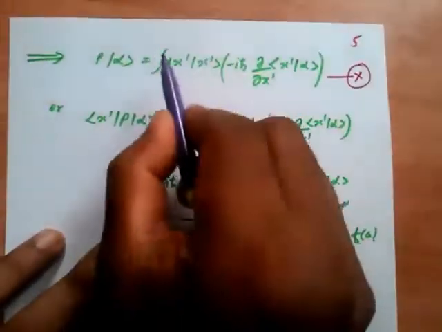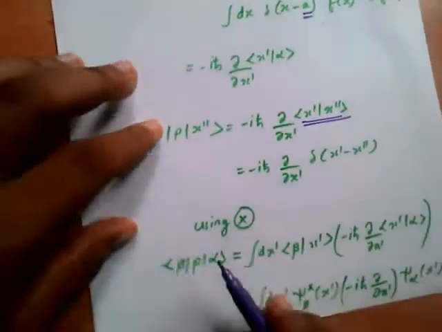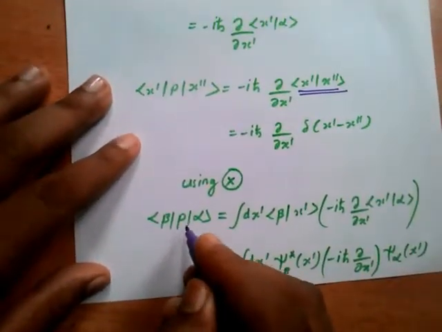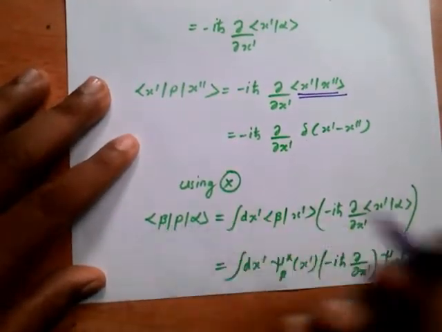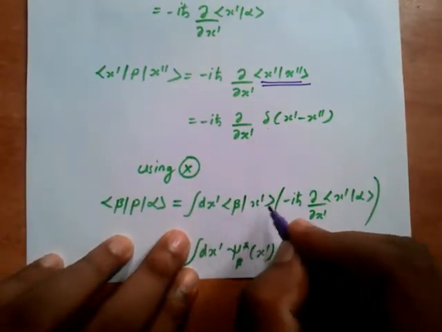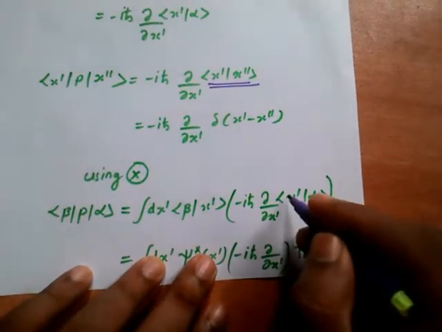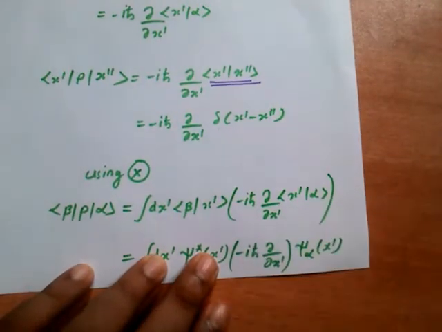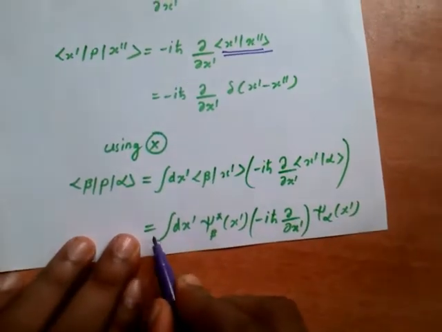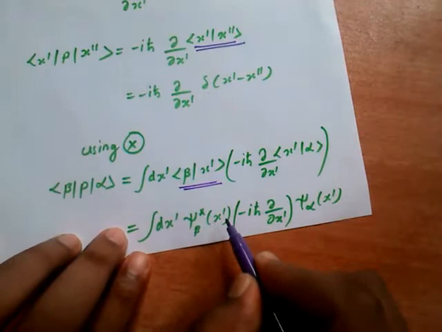Using this equation p alpha, we are taking beta p alpha, we will get integral dx dash inner product of beta x dash into minus i h cross dou by dou x dash of inner product of x dash alpha, that will become integral dx dash, this term is psi beta star of x dash.